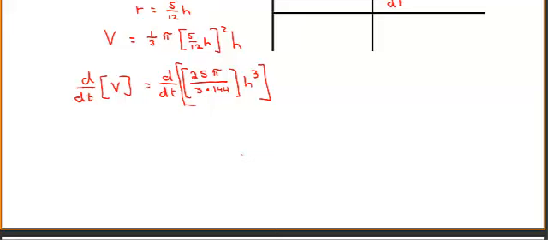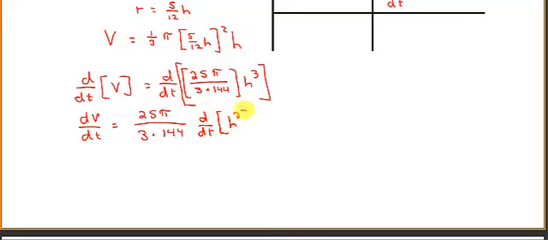So when I take the derivative of V with respect to t, I get, of course, dV/dt, and I know the value of that, negative 20 cubic feet per minute. And then notice that this is a constant factor, so it can come out, and I'd have 25 pi over 3 times 144 times the derivative with respect to t of h cubed.